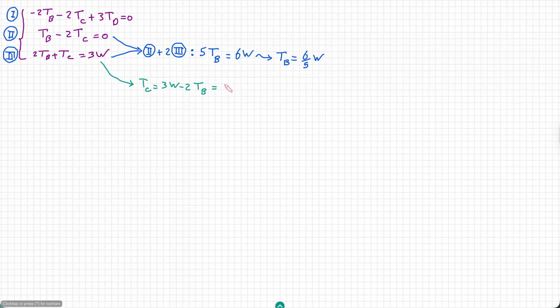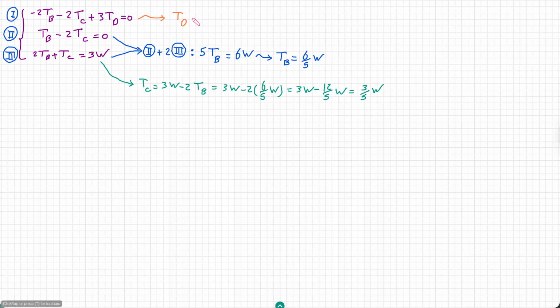Using this, 3W minus 2 times 6 over 5 W, let's simplify more: 3W minus 12 over 5 W. If I write this as 15 over 5, 15 minus 12 is 3 over 5 W. And then back here, I can isolate this for TD.